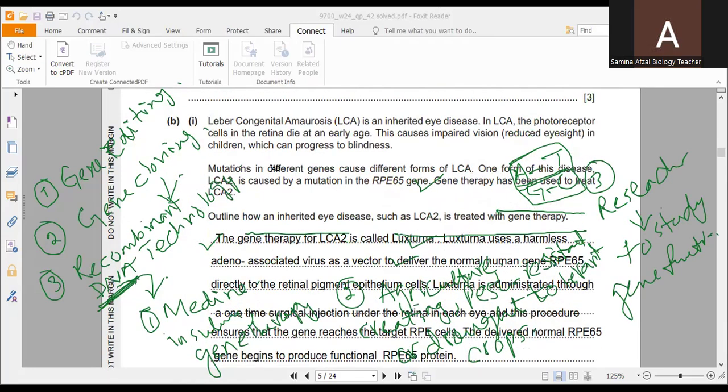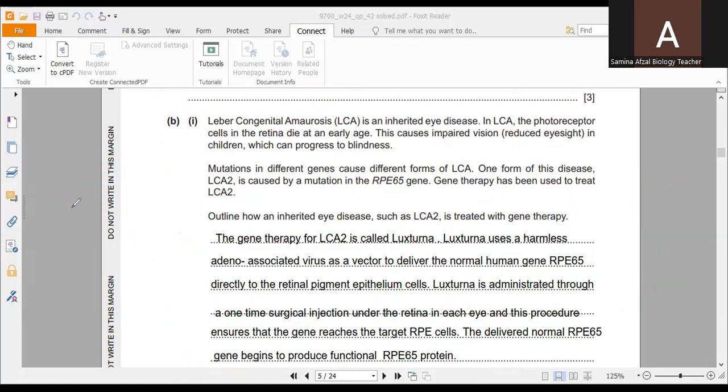Now, the B part of this question is: Leber congenital amaurosis is an inherited eye disease. In LCA, the photoreceptor cells in the retina die at an early stage. This causes impaired vision in children, which can progress to blindness. Mutations in different genes cause different forms of LCA.